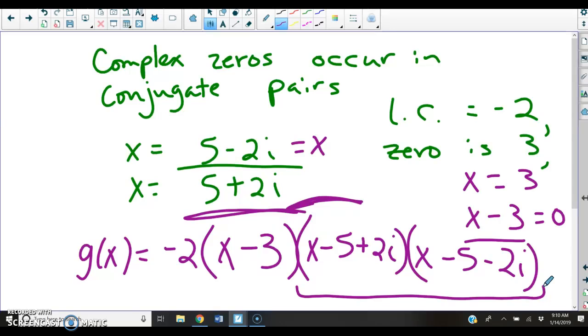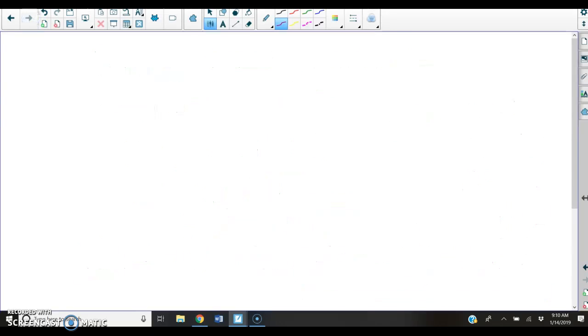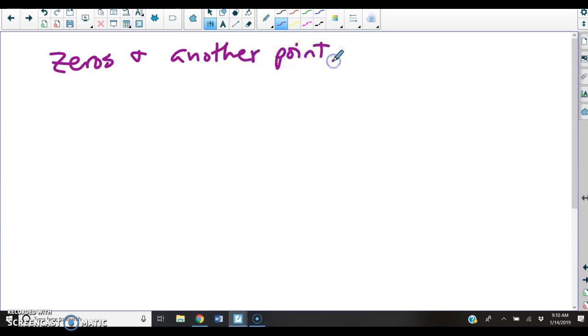Okay. Another nice thing to be able to do on the same note, if you're given the zeros and another point, you should be able to sketch it and find the polynomial equation. So if I have zeros at -3, -1, and 4, and I have another point, let's have the y-intercept being -6.